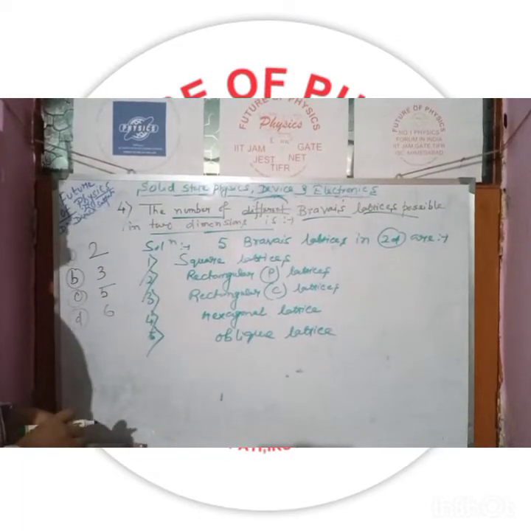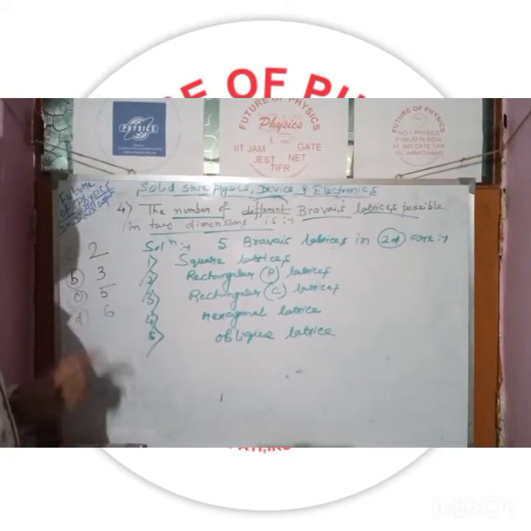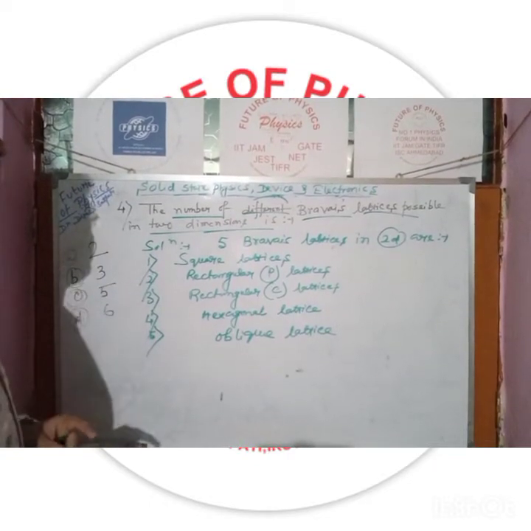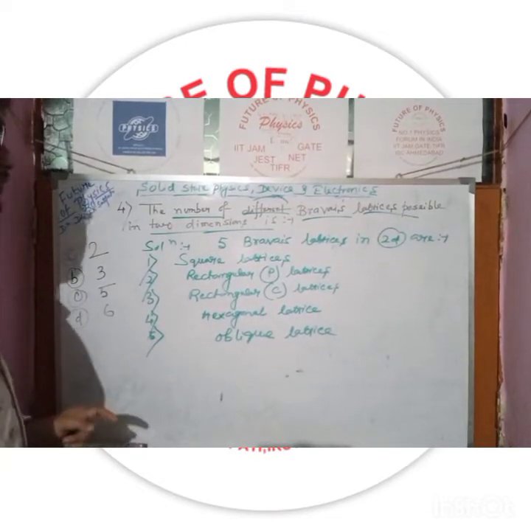So the 5 Bravais lattices in 2 dimensions are square lattice, rectangular P lattice, rectangular C lattice, hexagonal lattice and oblique lattice.